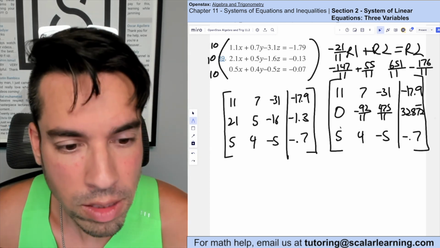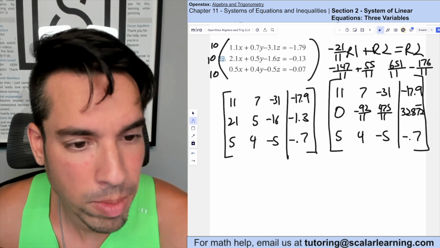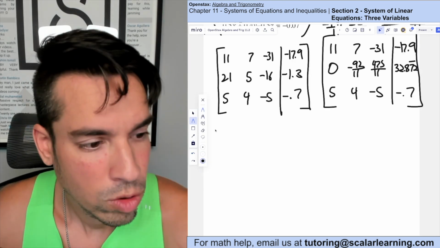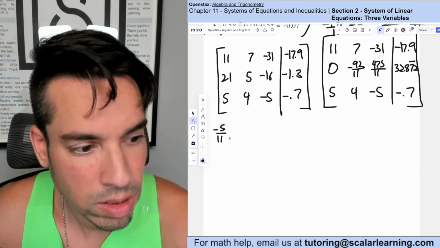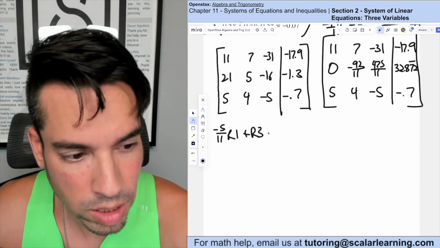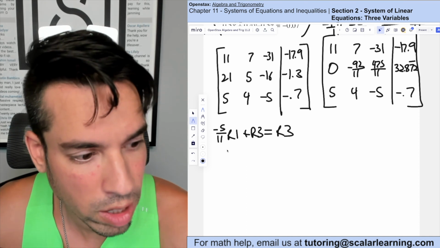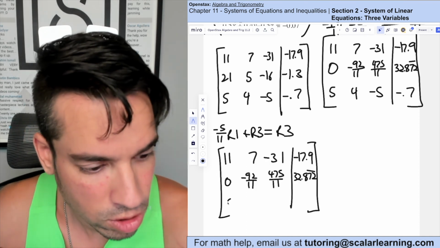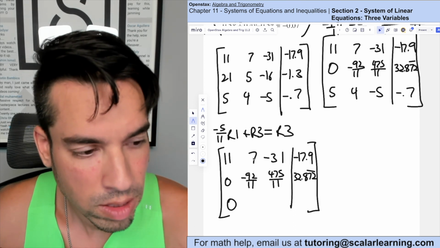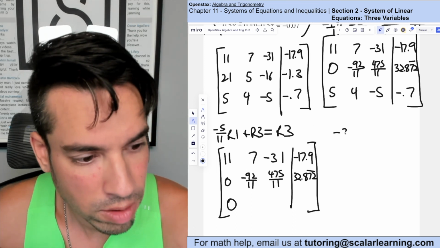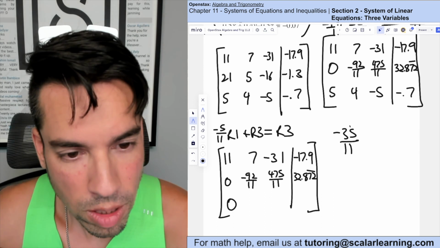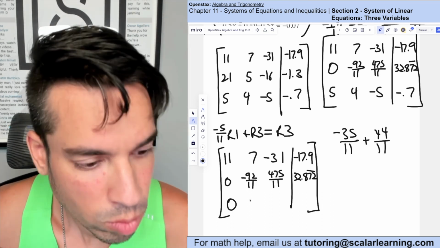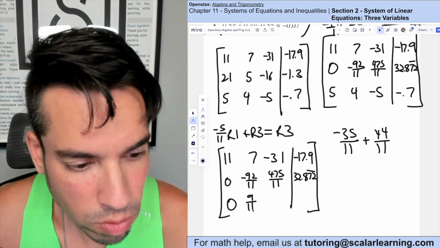All right, cool. Next, I'd love to get rid of this. So I'm going to multiply the top row by negative 5/11 and add it to row 3. So negative 5/11 times row 1 plus row 3 gives us our new row 3. Okay, here we go. Negative 5/11 times 11 is negative 5 plus 5 is 0. Negative 5/11 times 7 is negative 35 over 11 plus 4, which is 44 over 11, which gives us a nice 9 over 11.